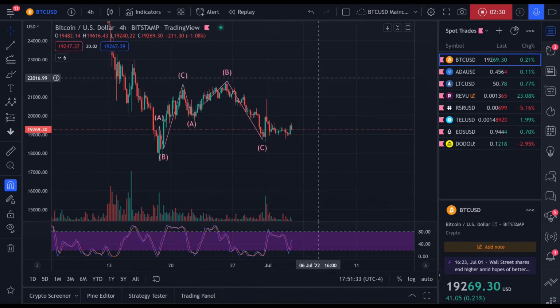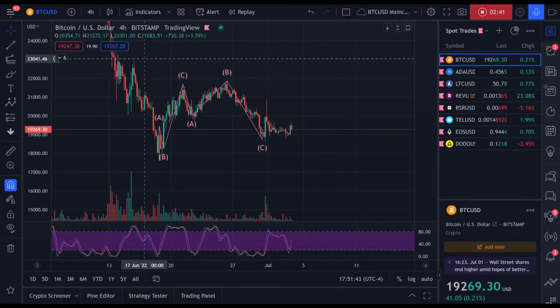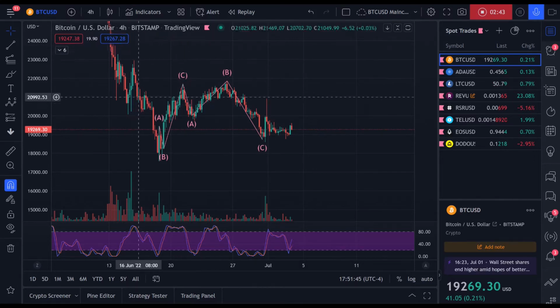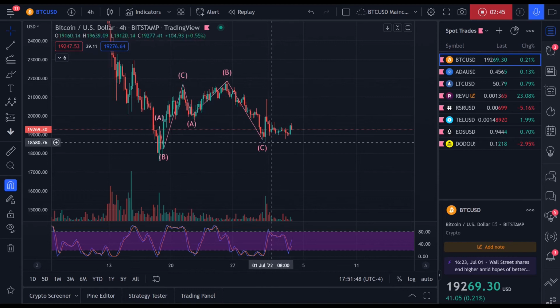And it's not impulsive because typically in impulses, waves of the same degree are proportional in price and in time. So you definitely know that this is a corrective structure. So this looks like a B wave.